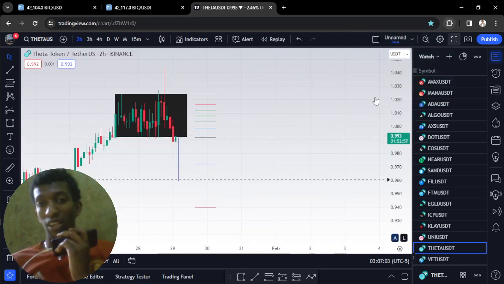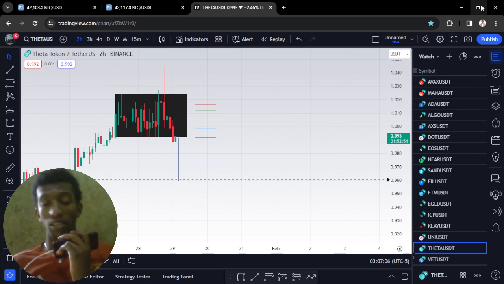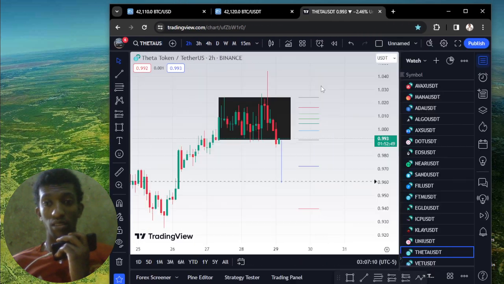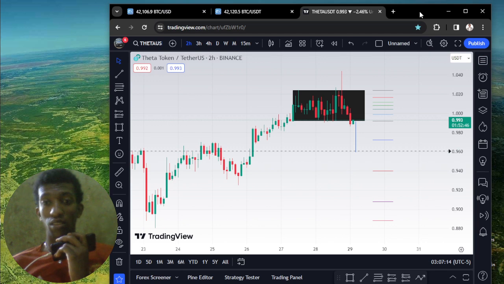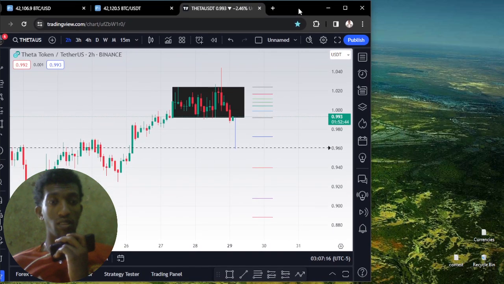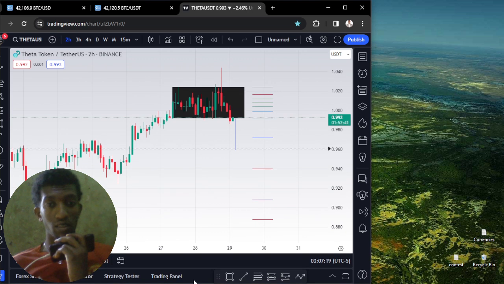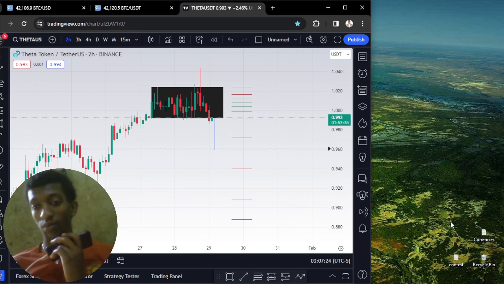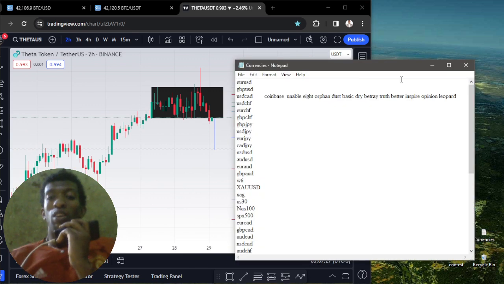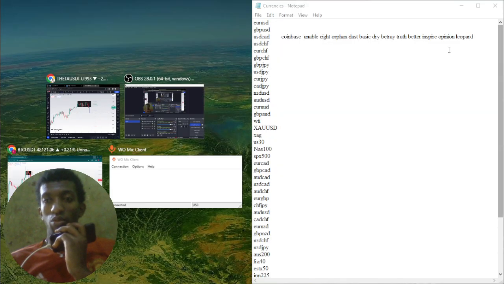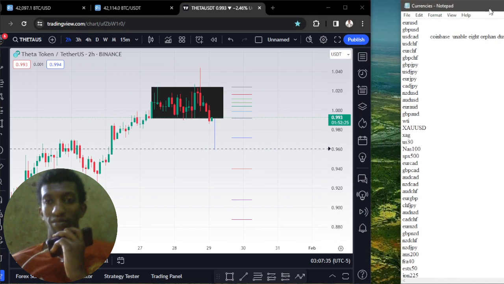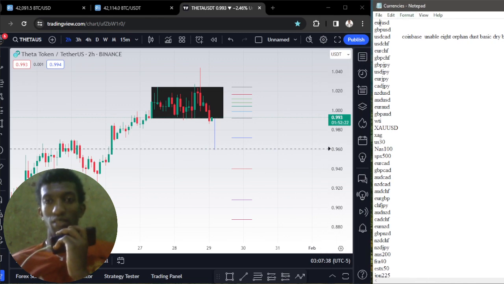So the next thing that we need to do is find the setup on the forex market. We don't want this watch list. So what you're going to do, let's search each one of them.